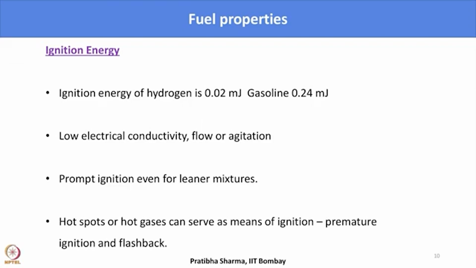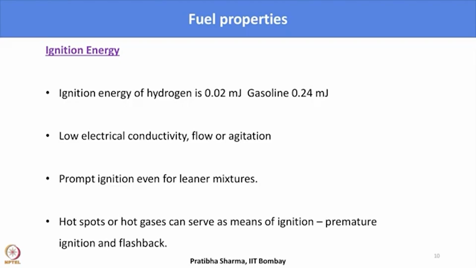That means a very small amount of energy is required to cause ignition. This ignition source can be a spark, a flame, or a short circuit in an electrical device that could lead to ignition of a combustible mixture with hydrogen.